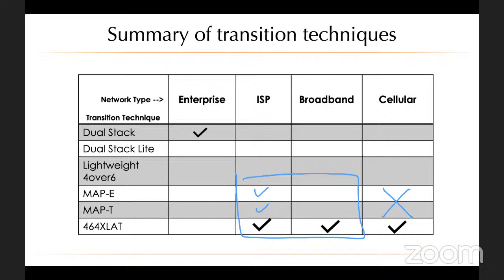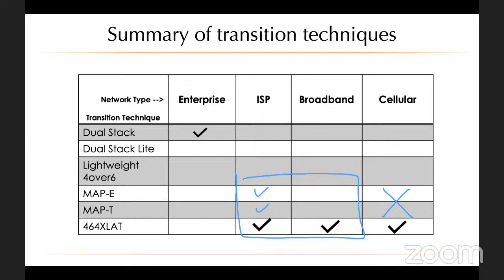Another consideration which I mentioned earlier on is the CPE, right? Because you have your tunnel concentrator or your NAT64 box, but this is the device in your provider's network. You also need to remember the CPE support.